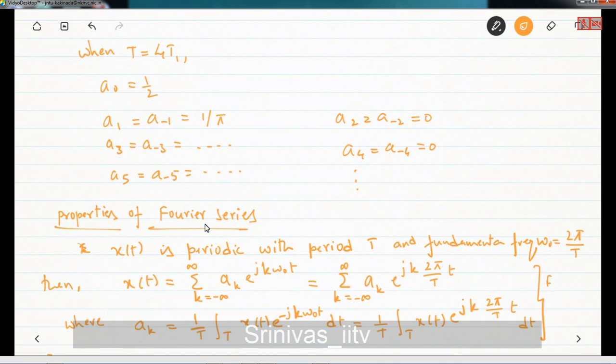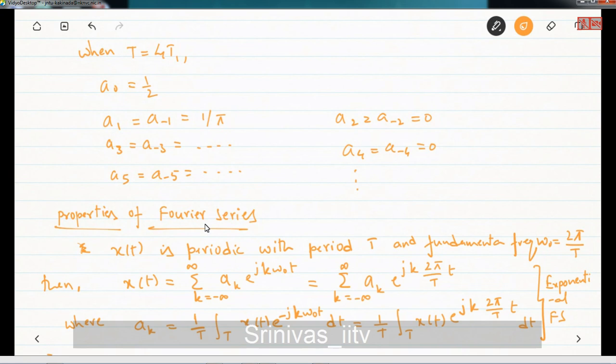So this is called the exponential Fourier series. If you write x of t as a linear combination of complex exponentials, either in the form of e to the power j k omega naught t, or with 2 pi by T in place of omega naught, and a_k is computed as this, then this is called the exponential Fourier series.